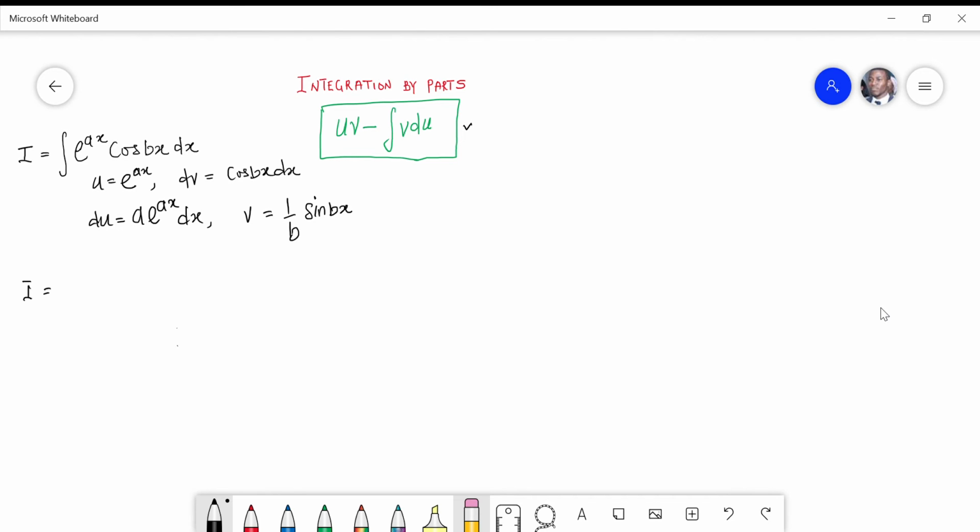My u is e to the power of ax, dot the v, which is 1 over b sine bx, minus the integral of v, which is 1 over b sine bx, times du, which is a e to the power of ax dx. So to simplify, this is going to be a over b.